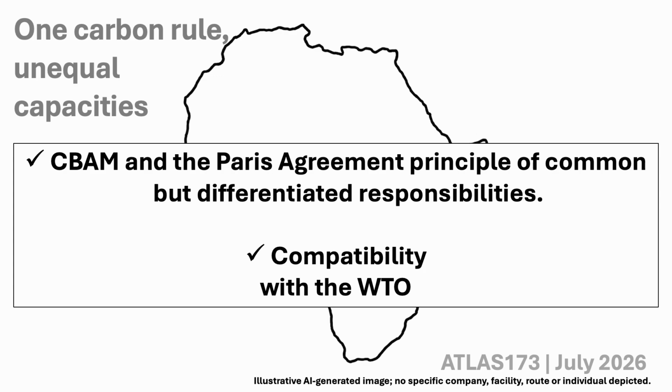The EU declined to create a blanket exemption for countries likely to be the most affected, partly because exemptions could create opportunities for carbon leakage or the rerouting of carbon-intensive production. Critics respond that countries with very small historical emissions and limited technical capacity are being subjected to requirements created by a much wealthier industrial bloc.